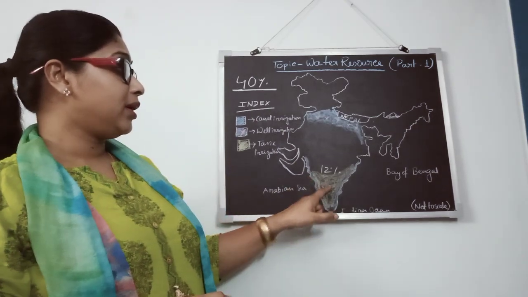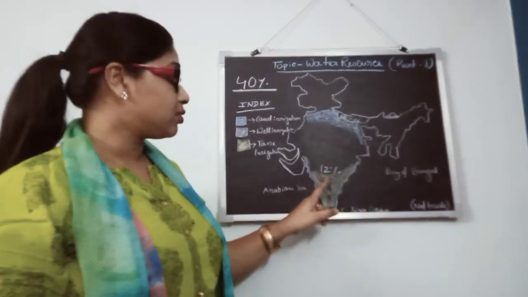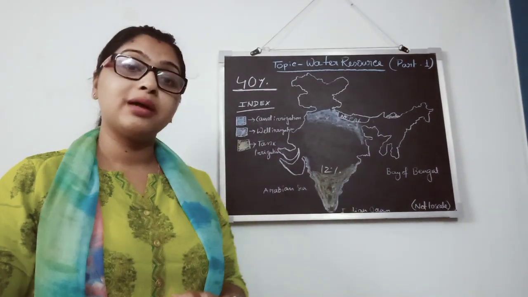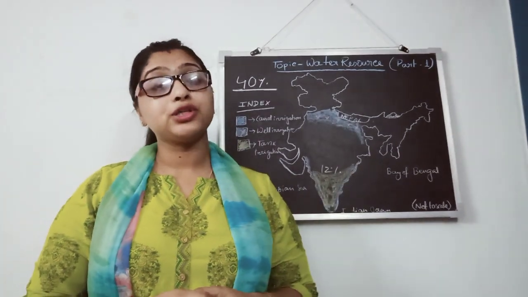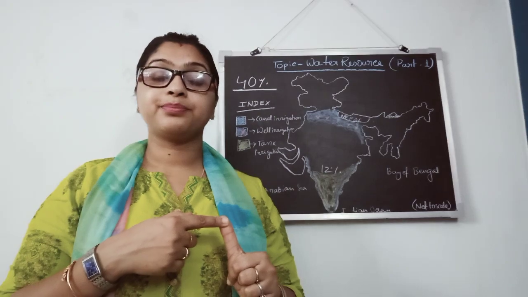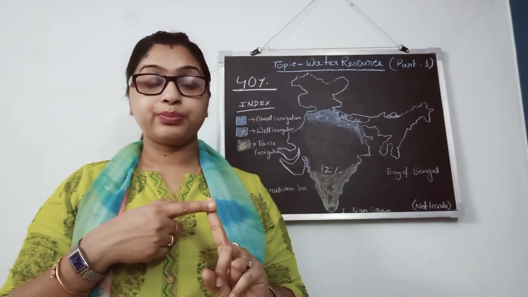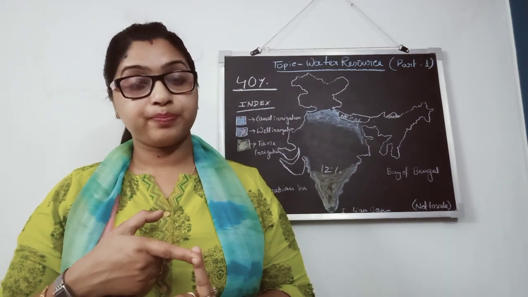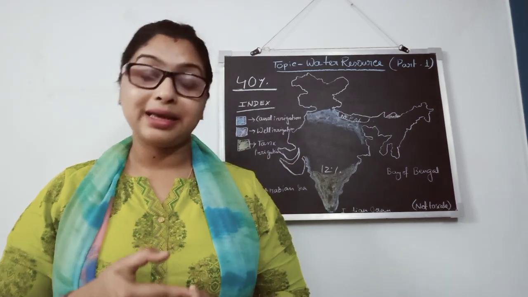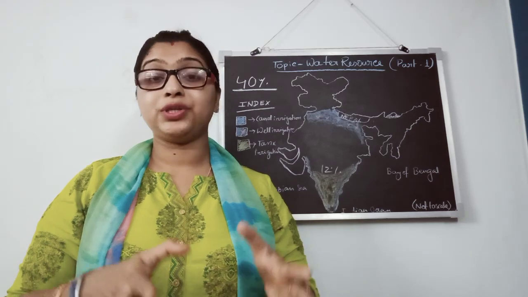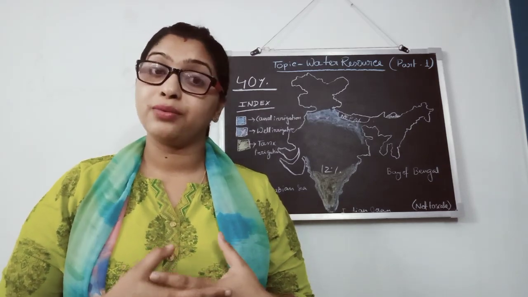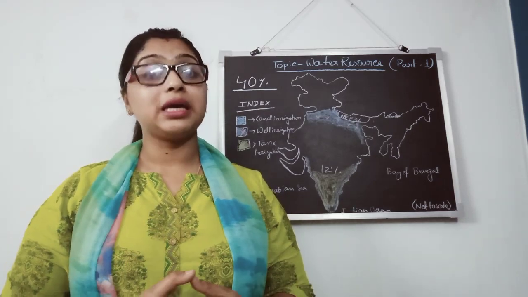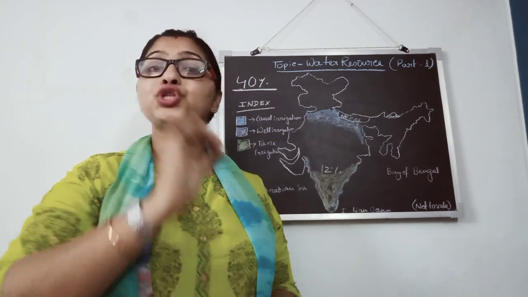Okay, so the states using this tank irrigation are Karnataka, Tamil Nadu, part of Kerala, then Andhra Pradesh, then Telangana, and Odisha also. I also have to share something.